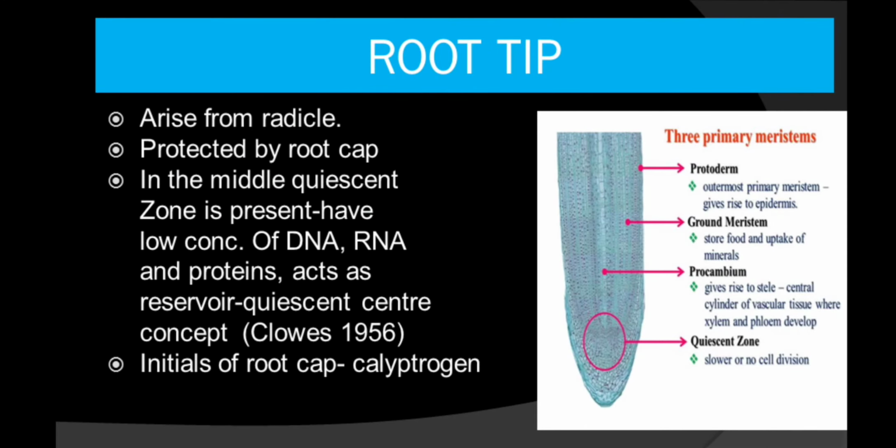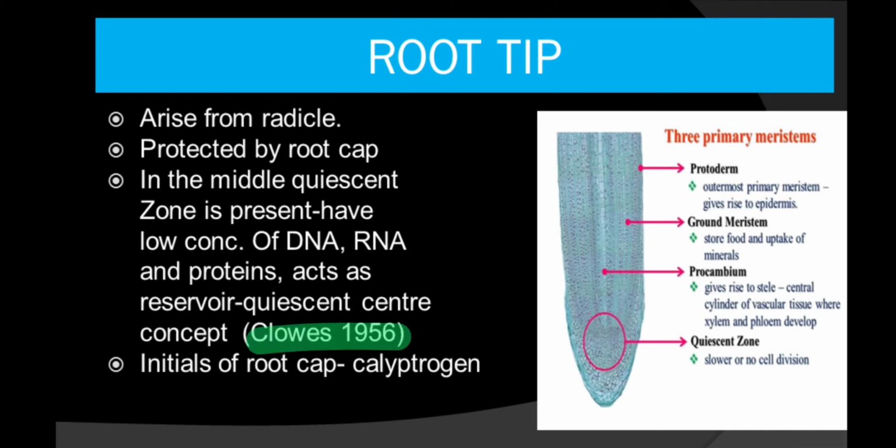Now at the root tip you will see there is a quiescent zone. This is the center in the root tip, and it is an inactive zone. Here there is a low concentration of DNA, RNA and proteins. This inactive region is known as the quiescent zone, and this concept was given by Clowes in 1956.